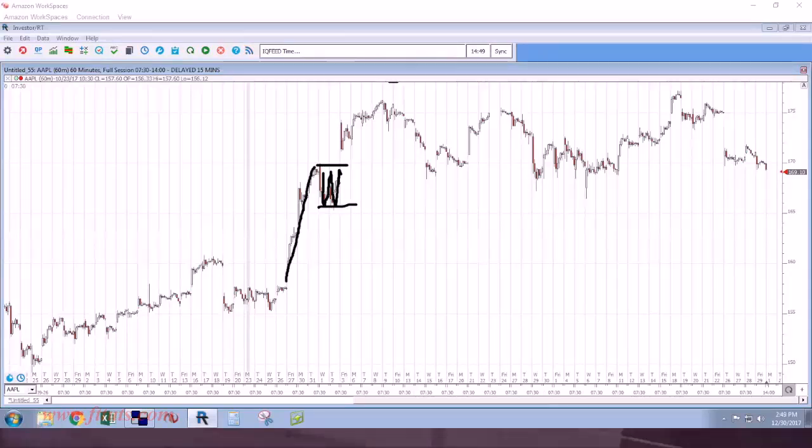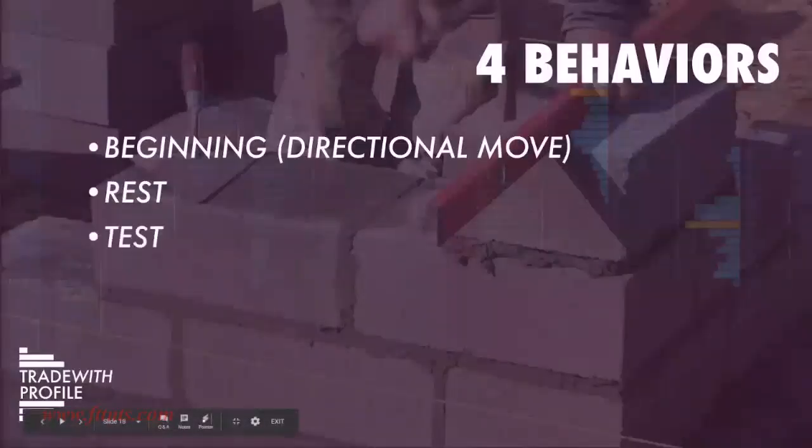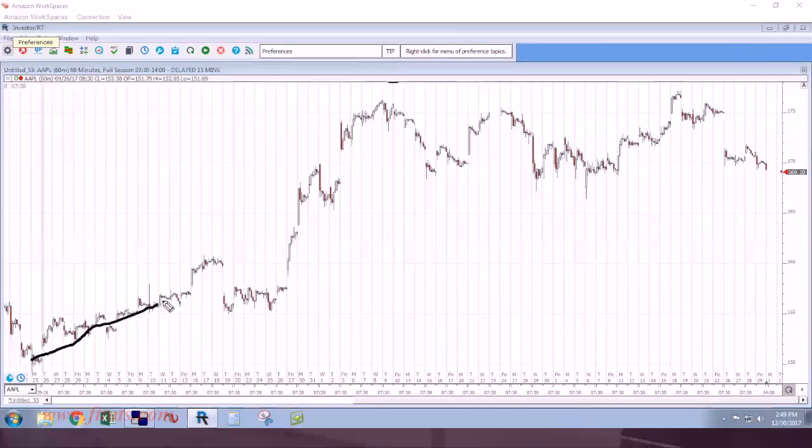All right? After the rest is another move or another behavior, and that is a test. A test is a form of the auction checking itself. We've been going in a direction, so here's a directional move, and we trade sideways like this, and now we move this way again.